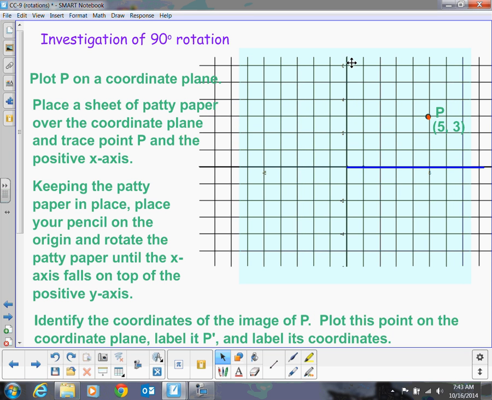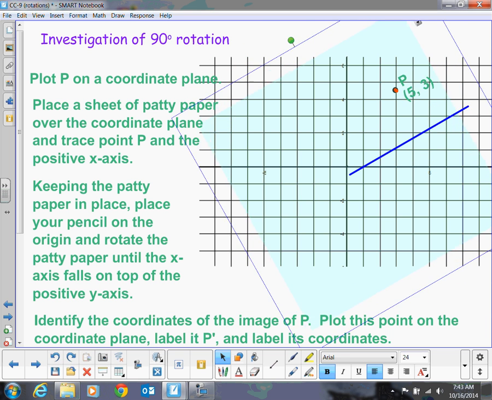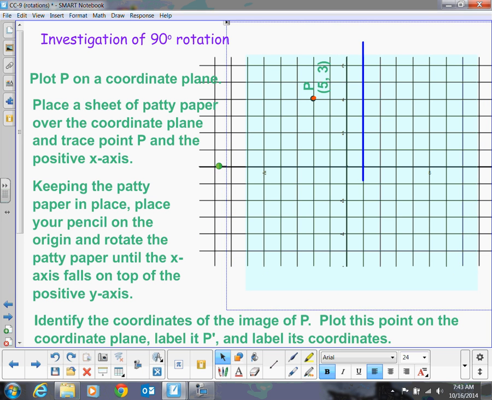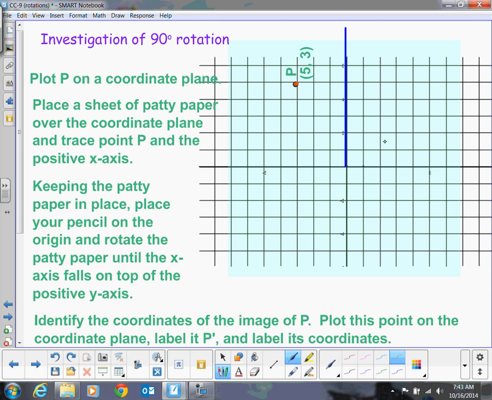Now take your patty paper and put your pencil point on the origin, and we want to rotate this until the blue line is on the y-axis. I'm going to have to adjust mine a little bit. Now mine is on the y-axis. Since I lost my first point, I'm going to go back to 5, 3. That was P to start with.